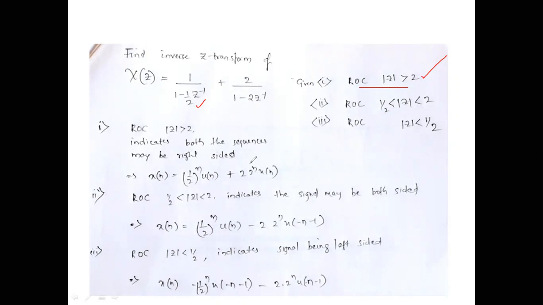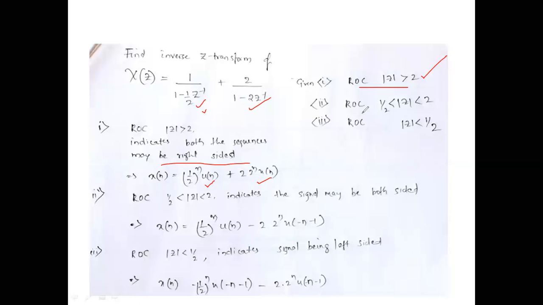If the signal is completely right sided, then ROC is outside the circle. That indicates both the signals might be right sided. So I will blindly write here that my inverse Z transform is both the signals right sided, 1 by 2 to the power n into u of n, 2 to the power n into u of n.